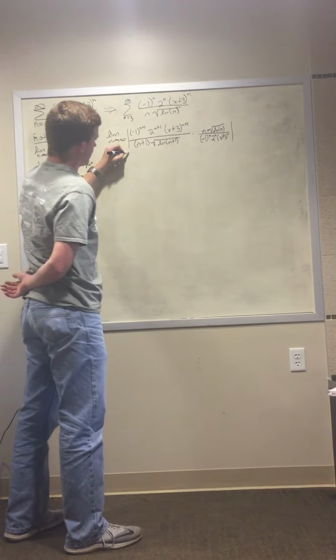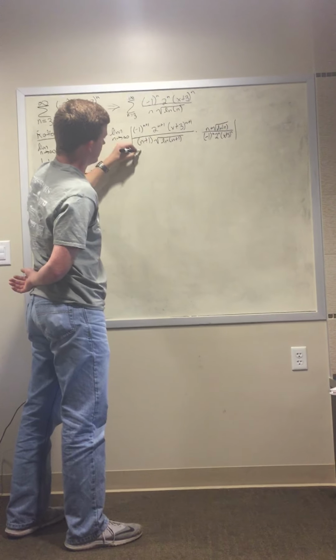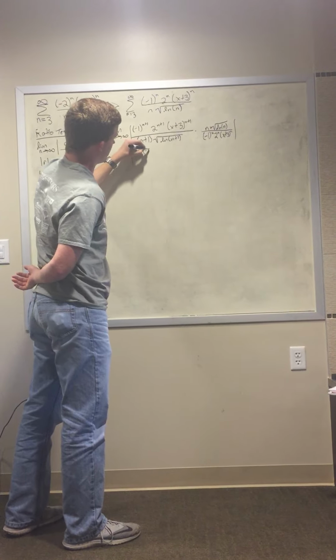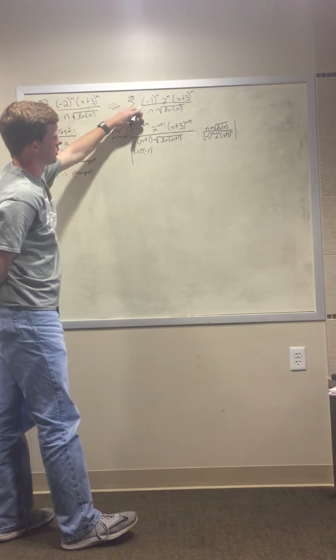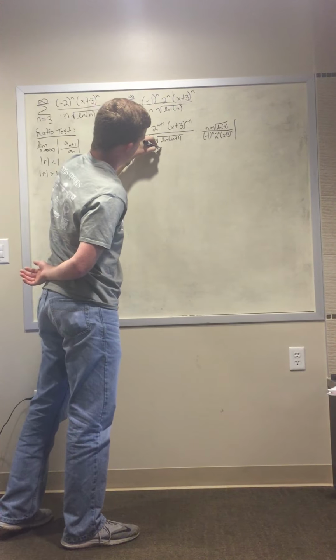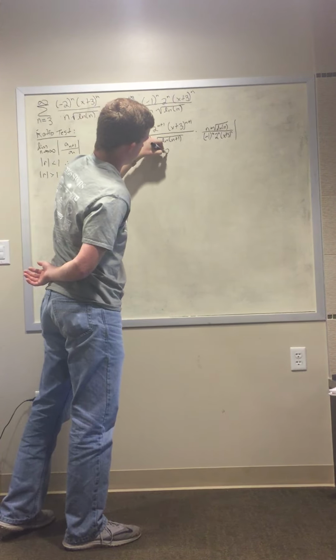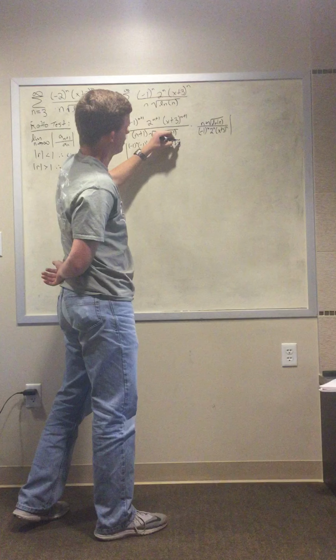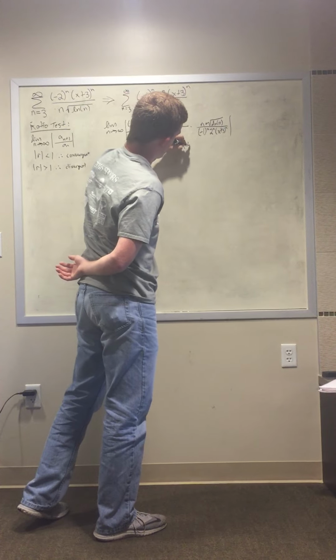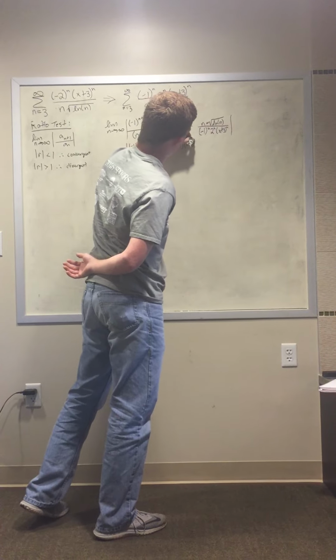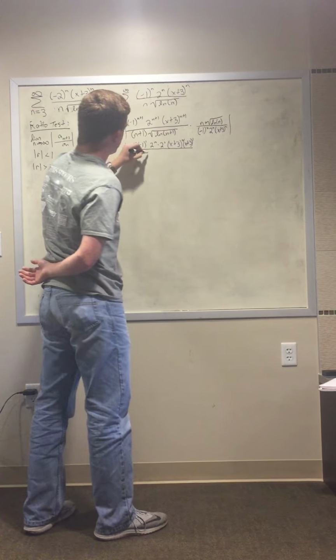Now we can start canceling. So we'll have a minus 1 to the n times a minus 1 to the first, just breaking this apart. And a 2 to the n times a 2 to the first, breaking that apart. And doing the same with the x plus 3. Copy the bottom.